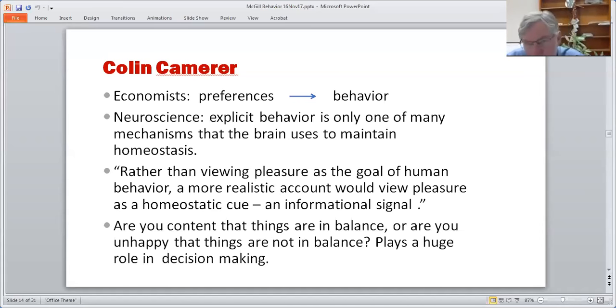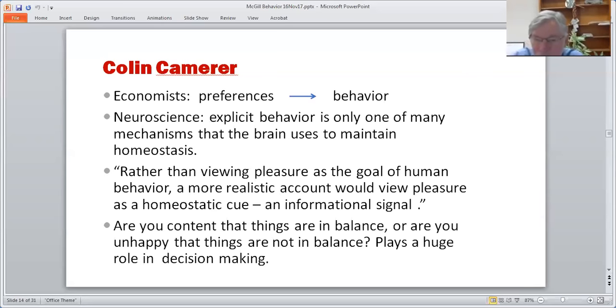But in neuroscience, explicit behavior is only one of a bunch of different mechanisms that the brain uses to maintain what's called homeostasis. Especially this is something done by the hypothalamus. Our body knows that we're too hot, too cold, thirsty, or hungry, whatever, and we try to maintain a balance.